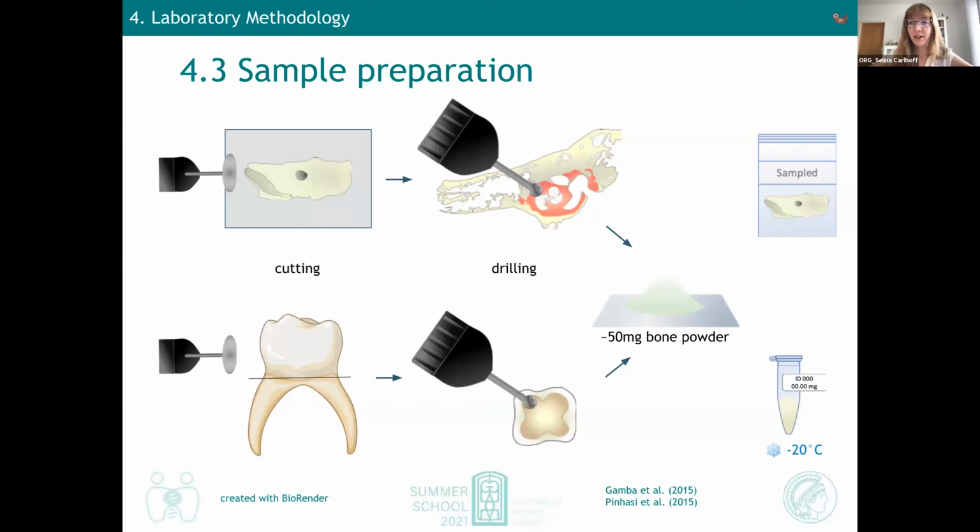So if we get to the actual preparation of the bone or the tooth, these are the two examples that I picked because they are the most common. Just to give you a short insight into the process in the lab, with petrous bones, we usually cut them open in the middle with a little circular drill, and then they look, you can see in the second picture, kind of a schematic of what they generally look like.